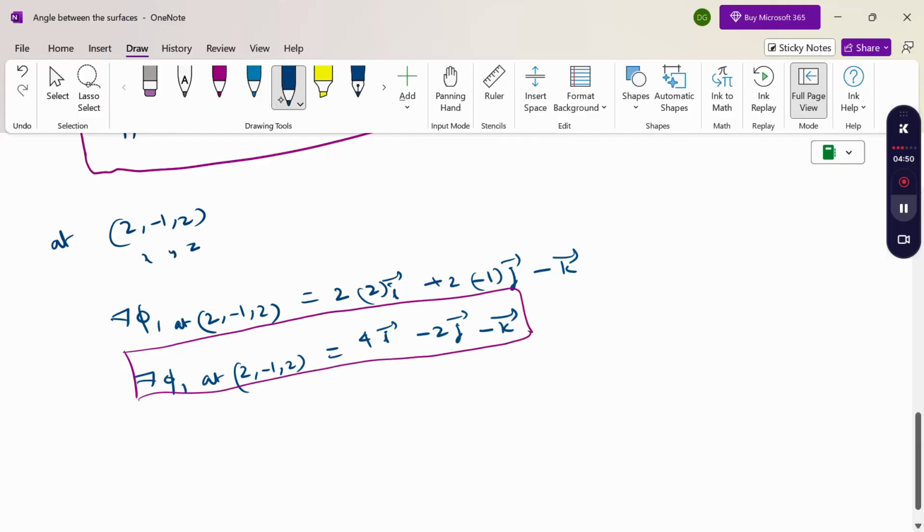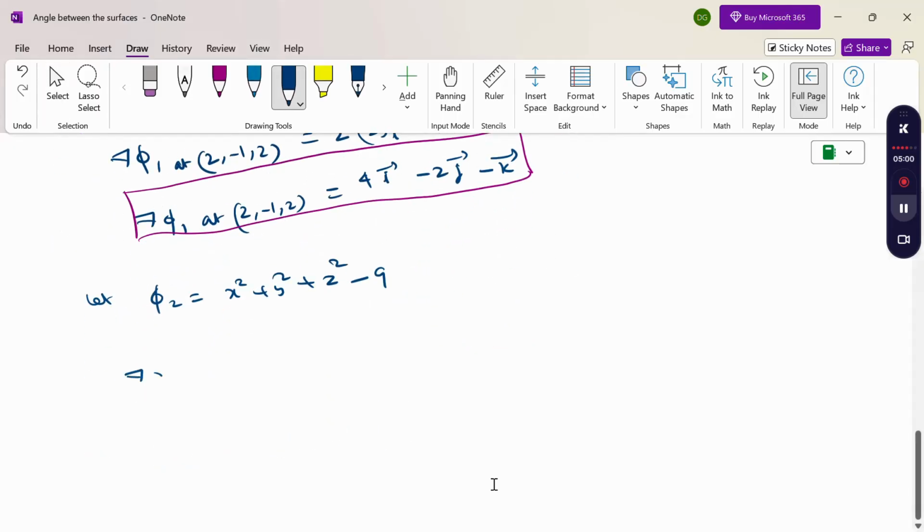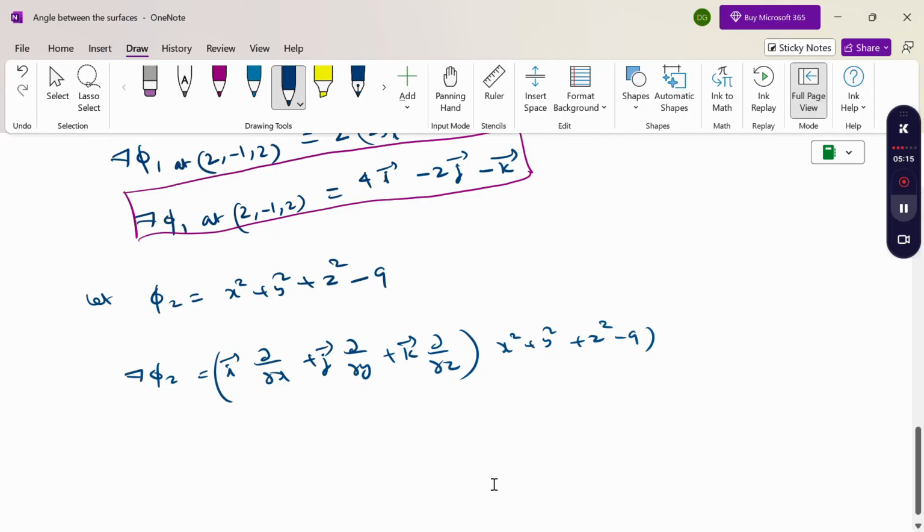Now let phi 2 equal to x square plus y square plus z square minus 9. To calculate del phi 2, it is i vector dou by dou x plus j vector dou by dou y plus k vector dou by dou z applied to x square plus y square plus z square minus 9.